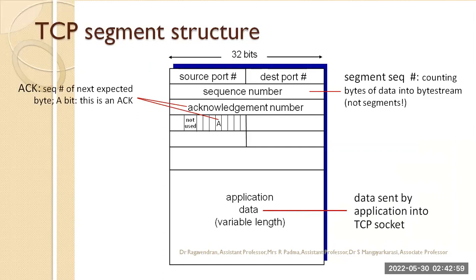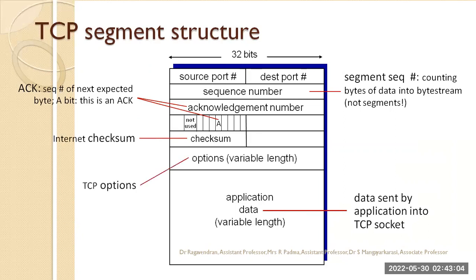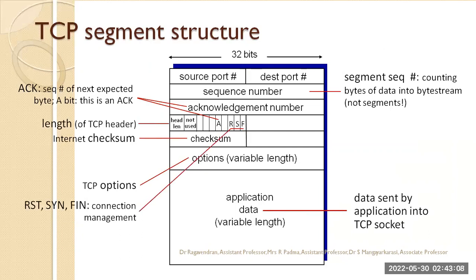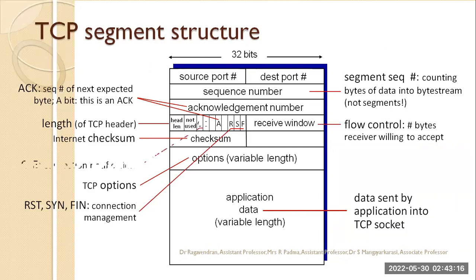The application data sent by the application. Okay, see here the TCP options are here. The length of the TCP is there. The RST, SYN, and FIN are for connection management. It also carries the receive window. Okay, so this is the TCP segment structure.